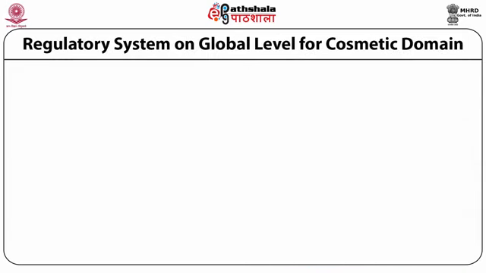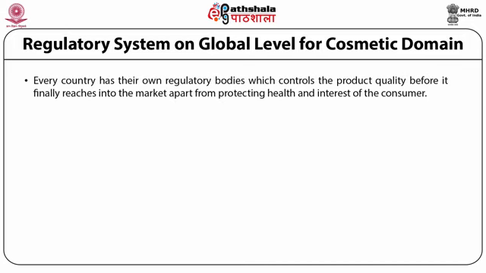There are three main regulatory systems on a global level in the cosmetic domain: European Union, United States, and Japan. Every country has its own regulatory bodies which control the product quality before it finally reaches the market.